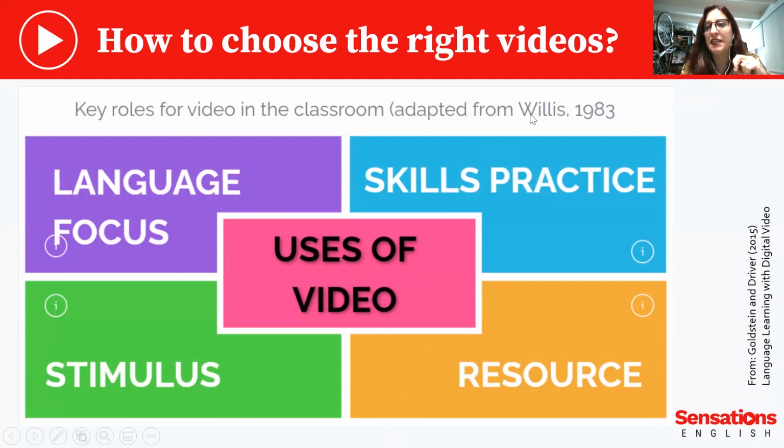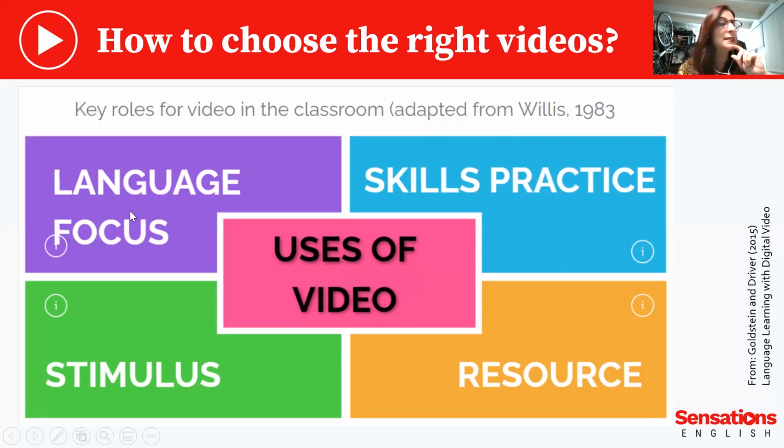She wrote a paper in 1983 called The Implications of Using Video in the EFL Classroom. You might say, oh my God, 1983, that's too long ago. But still, what she had to say is very useful as a framework today. She identified four roles for the use of video in the classroom.